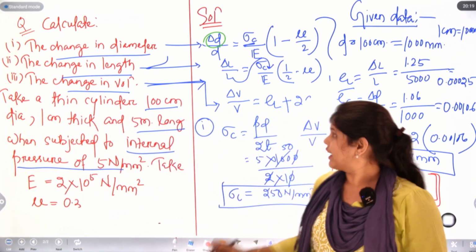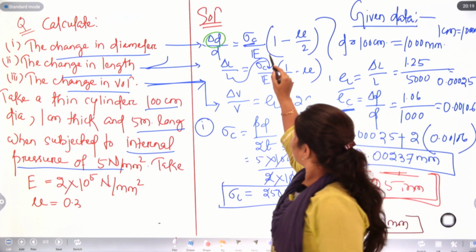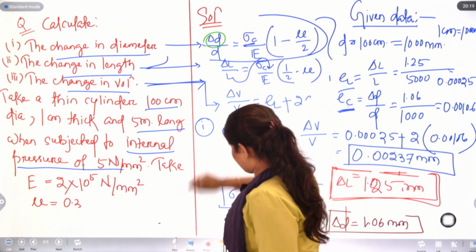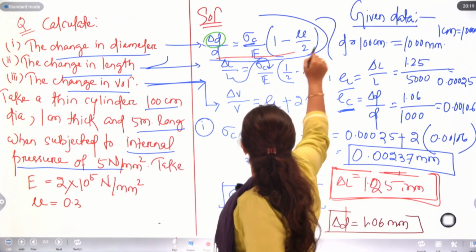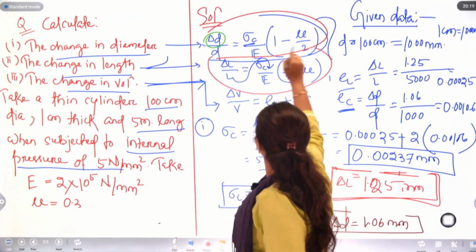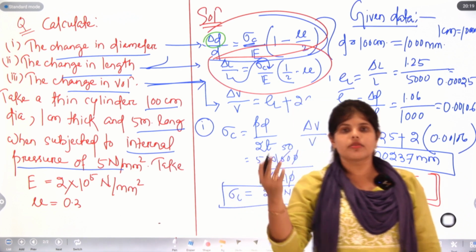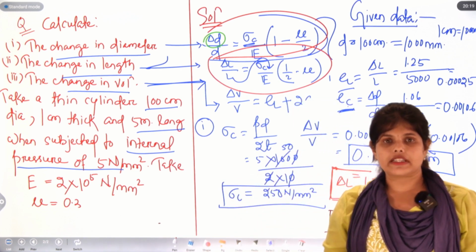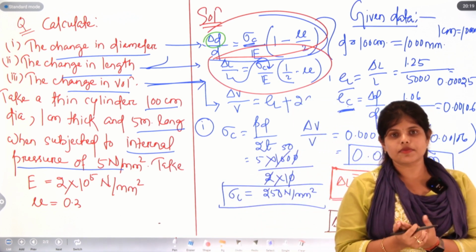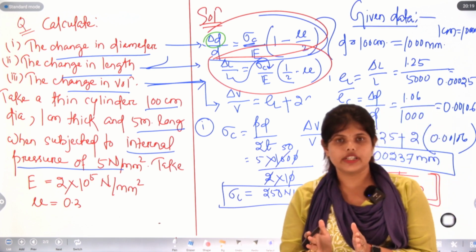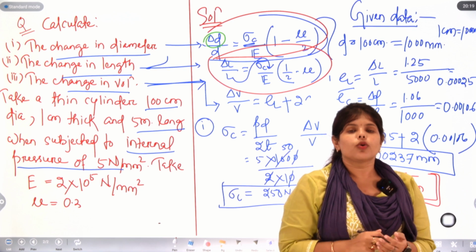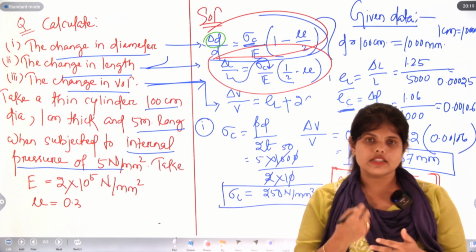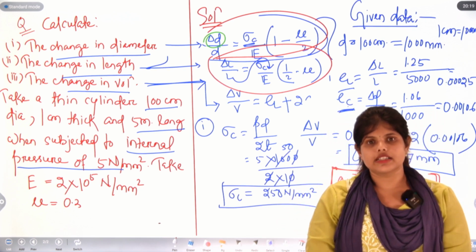So, these two formulas for change in diameter and change in length are very confusing. So, how to remember this? In case of circumferential strain and longitudinal strain, in case of stress calculation, we always know that circumferential stress is greater than longitudinal stress.